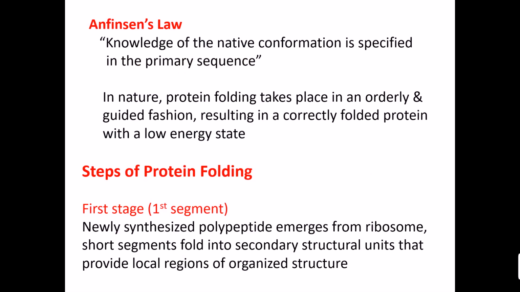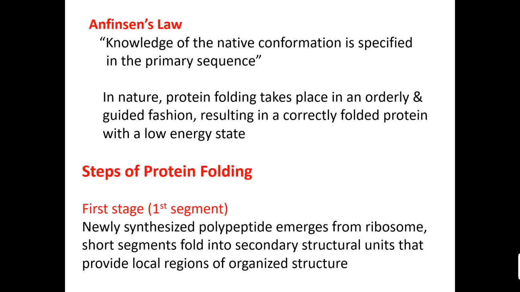There is Anfinsen's law which says the knowledge of the native conformation is specified in the primary sequence. As we saw in the beginning, the primary structure decides the tertiary structure, and this is the same. The primary sequence has the knowledge of the native conformation of the tertiary structure.